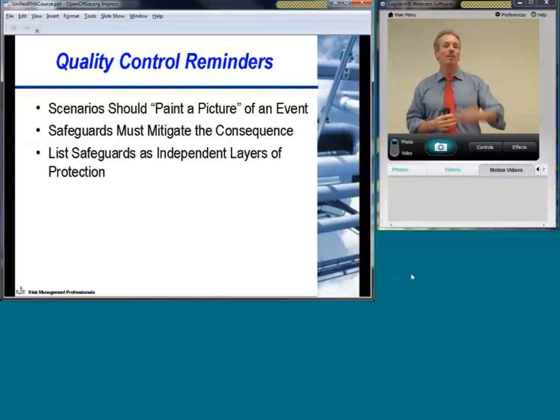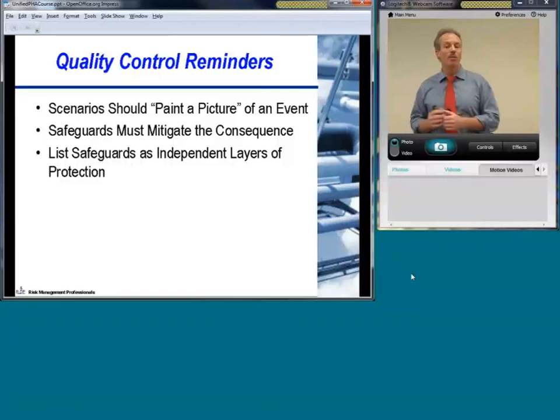And also, one of the things we've been doing more and more over the years is listing safeguards as independent layers of protection. As I mentioned in some of the previous modules, HAZOP study is one type of tool to identify hazards and address the features of the regulations and also protect your facility. Other more advanced tools such as layer of protection analysis and QRA are also available, and these things can be linked.